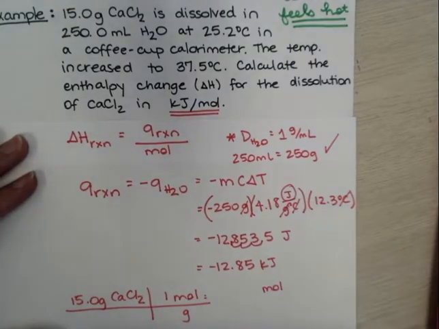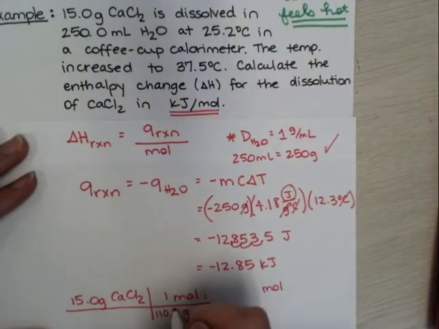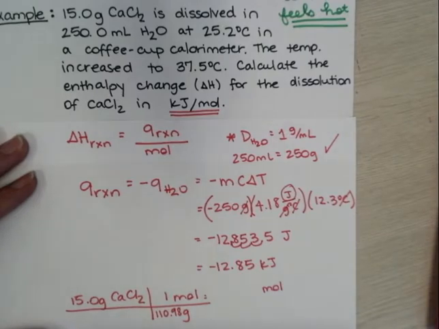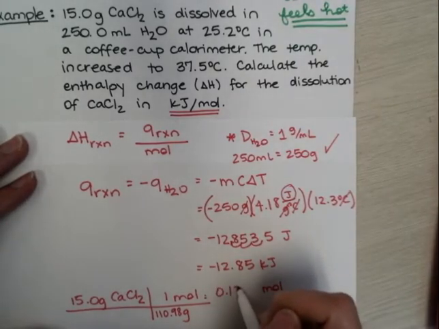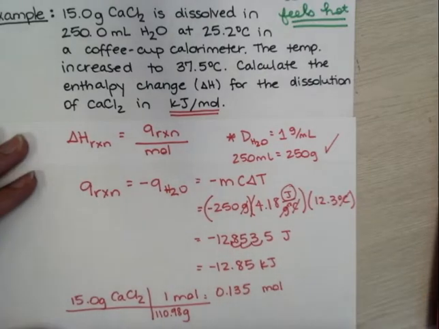Calcium weighs 40.08 plus 2 chlorines, 2 times 35.45 is 110.98 grams per mole. So 15 divided by 110.98 is 0.135 moles.